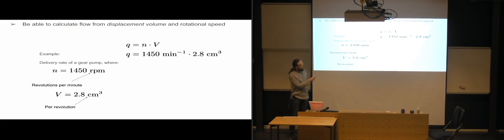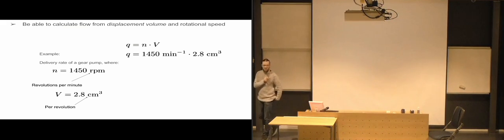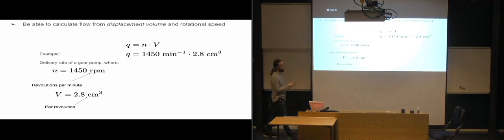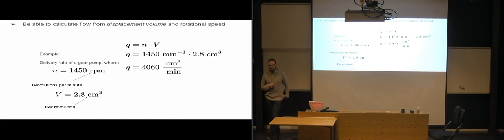So we put it into our formula, where we get the 1,450 per minute. So divide by minute on that one for RPM, multiplied with the 2.8 cubic centimeters. That gives us 4,060 cubic centimeters per minute in this calculation.